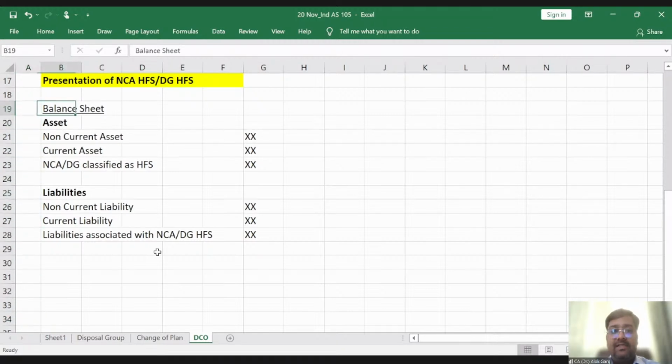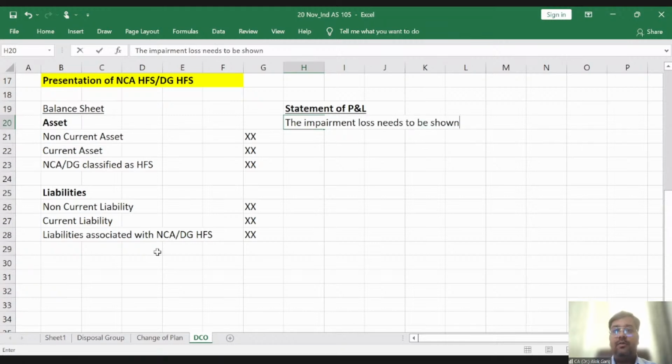As far as P&L is concerned, in the statement of profit and loss, the impairment loss needs to be shown separately, right? Which impairment loss? The impairment loss due to recognition of NCA HFS at lower of carrying value and fair value less cost to sell.